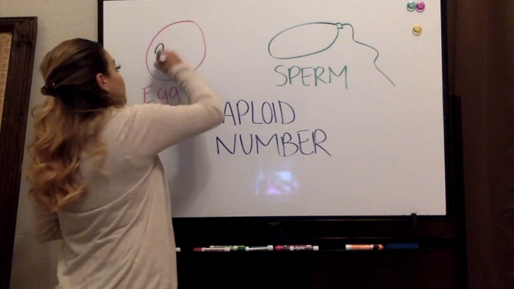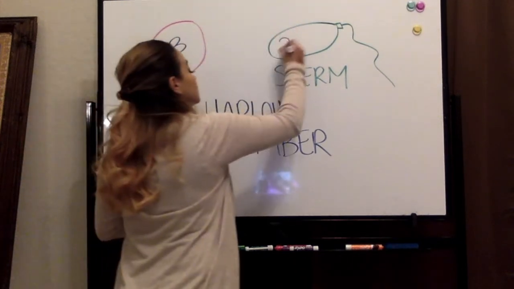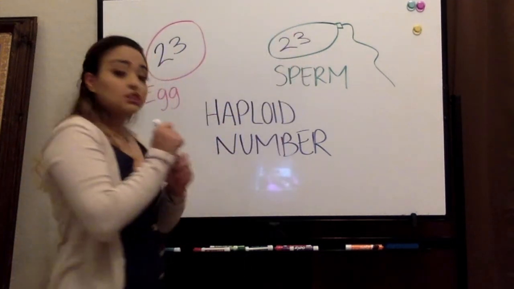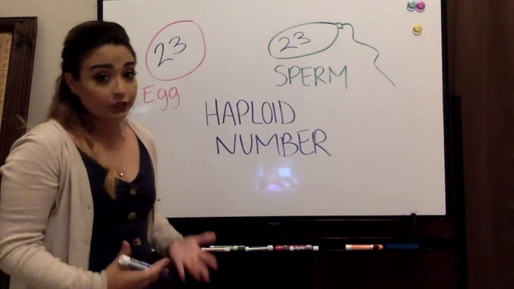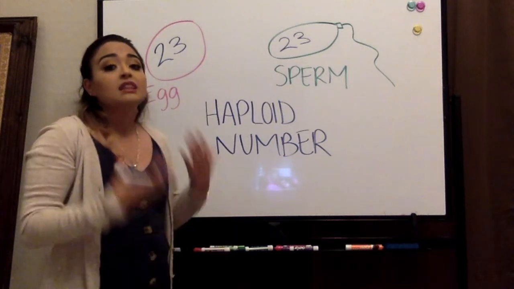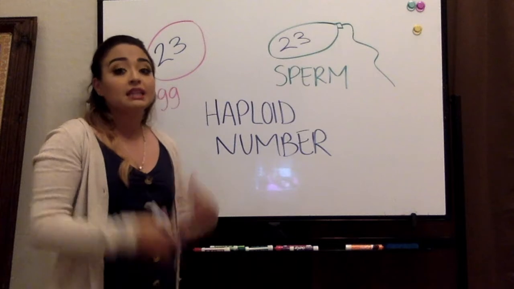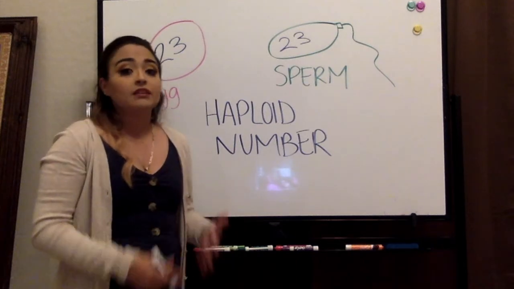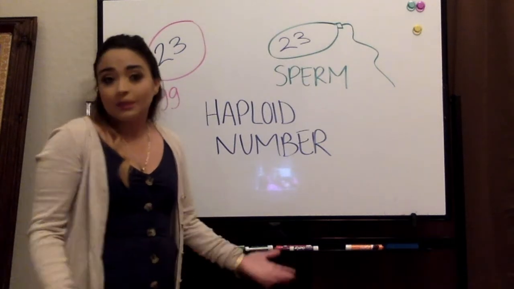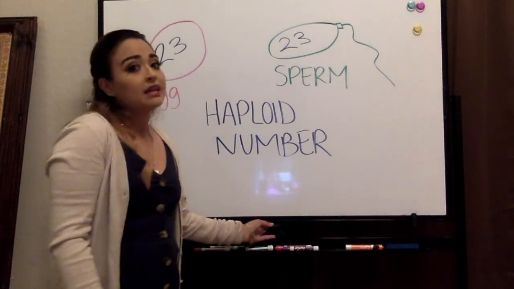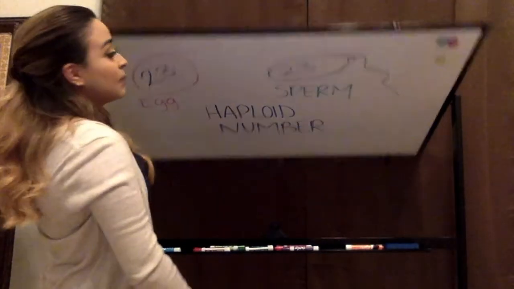This number of chromosomes is known as the haploid number, which is just the number of chromosomes that you find inside of a sex cell or gamete. Okay?